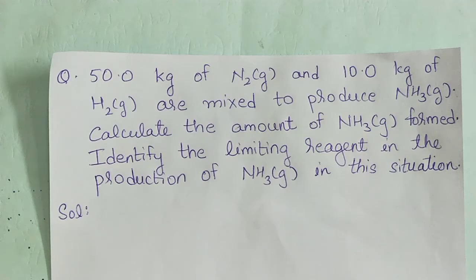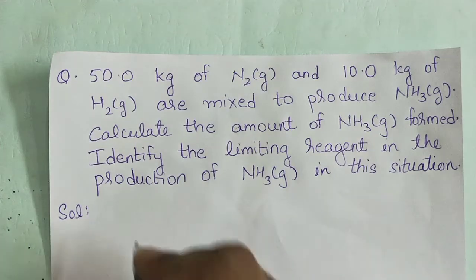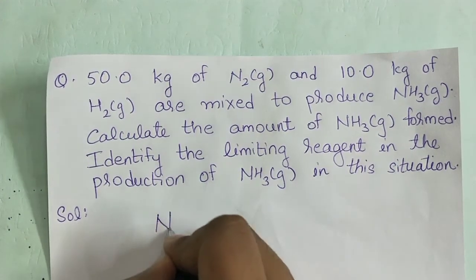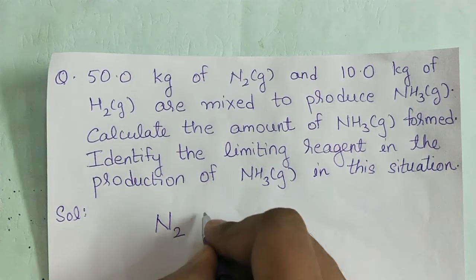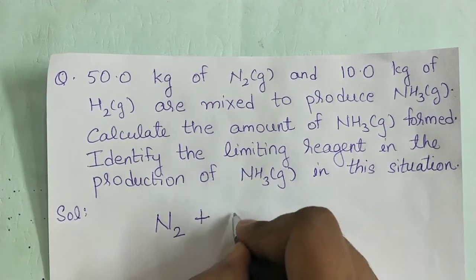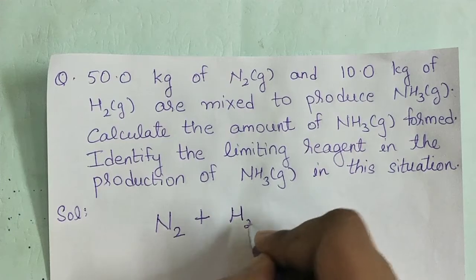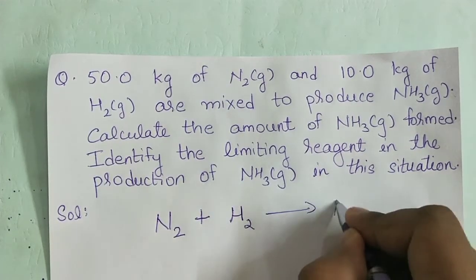So we'll go through this problem again, but now we'll read each sentence and try to solve it step by step. The first sentence reads, we have 50 kg of nitrogen gas which combines with 10 kg of hydrogen gas to give ammonia gas.